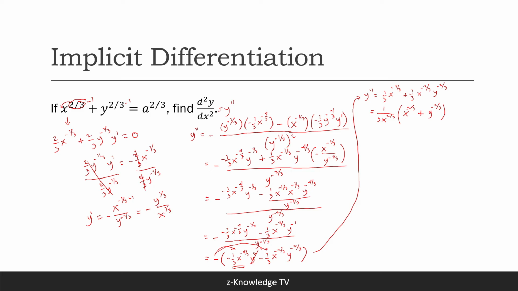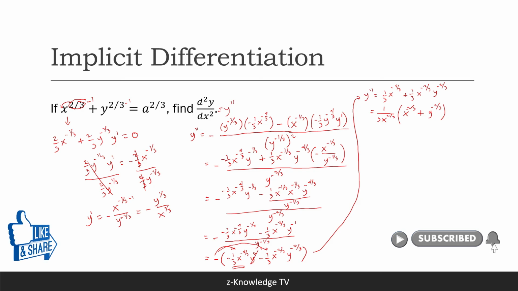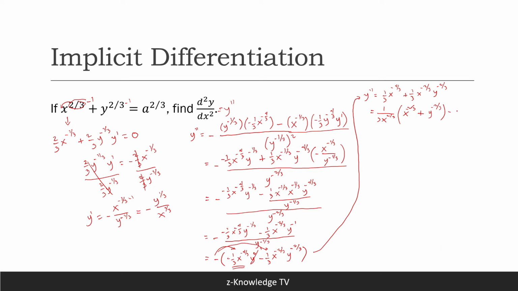So, ibaba natin 'to para mawala 'yung negative sign. So, 1 over 3 x raised to 2/3 times 1 over x raised to 2/3 na lang.